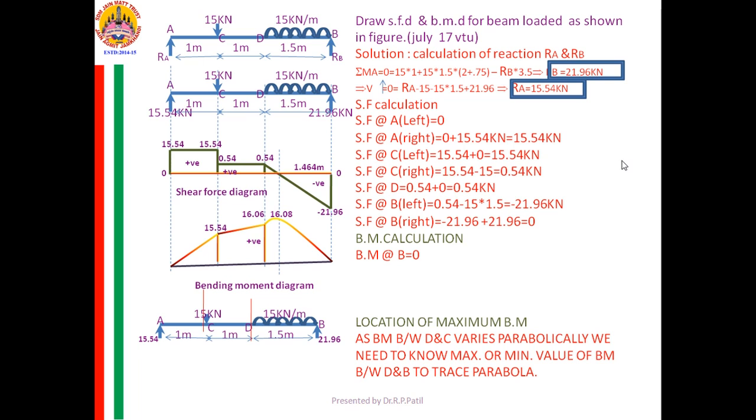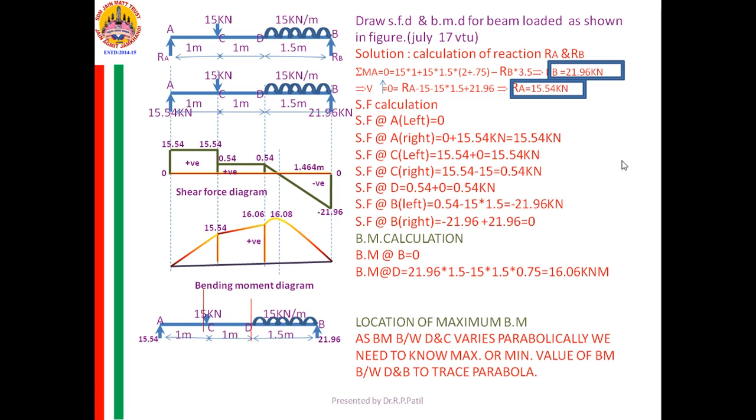If I consider the right part, it will be bending moment at D, 21.96 into 1.5 is positive, minus 15 into 1.5 is the load.